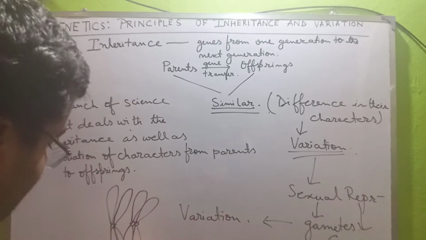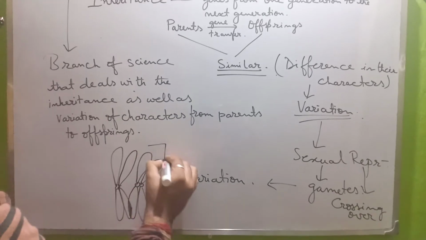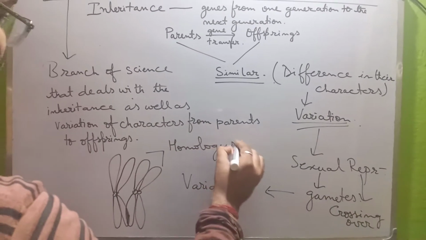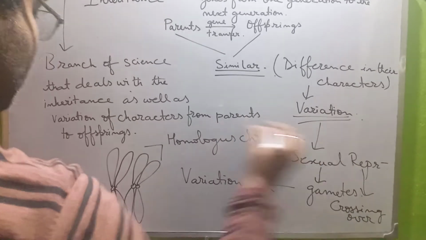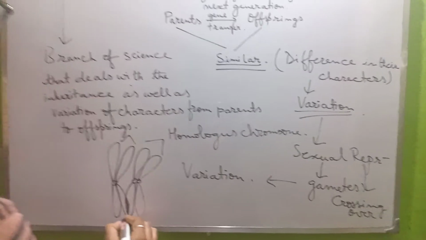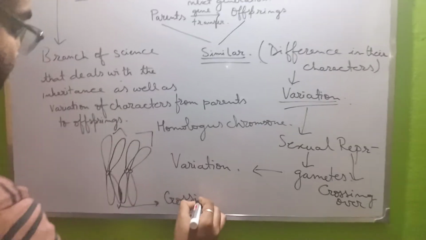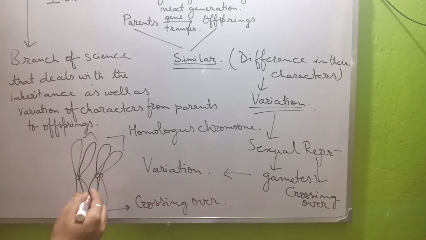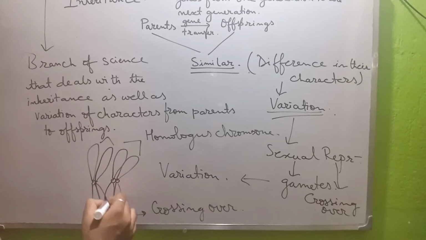Now this is the particular region where you will find that this is a homologous chromosome and the other one is also a homologous chromosome. So there are two pairs of homologous chromosomes, and when they overlap at a particular region, we call this crossing over. In cell division in class 11 you have studied that this is the region through which genes are transferred from one homologous chromosome to the other.